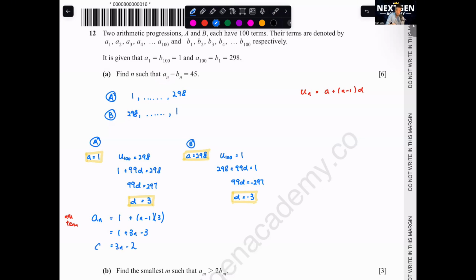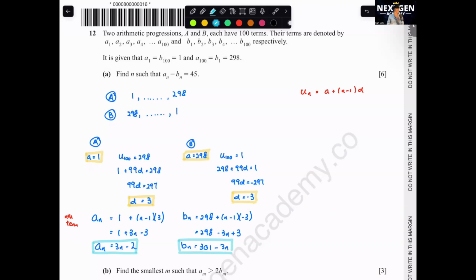This is our An. We do the same thing for Bn. Bn is 298 plus n minus 1 times minus 3, which is 298 minus 3n plus 3, equals 301 minus 3n. This is our Bn for the nth term of B.